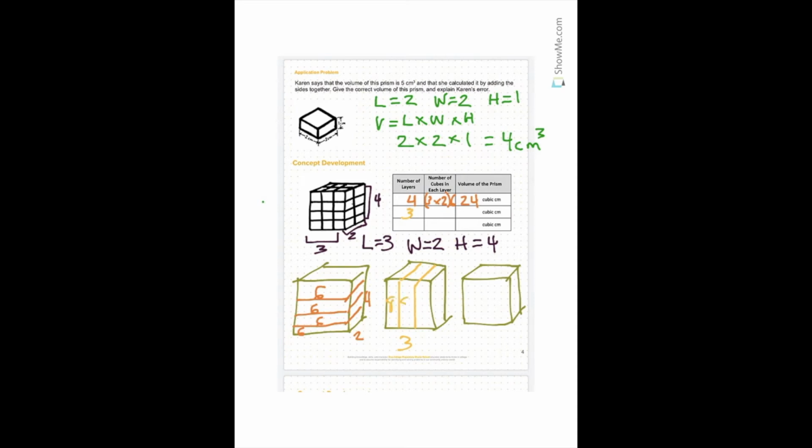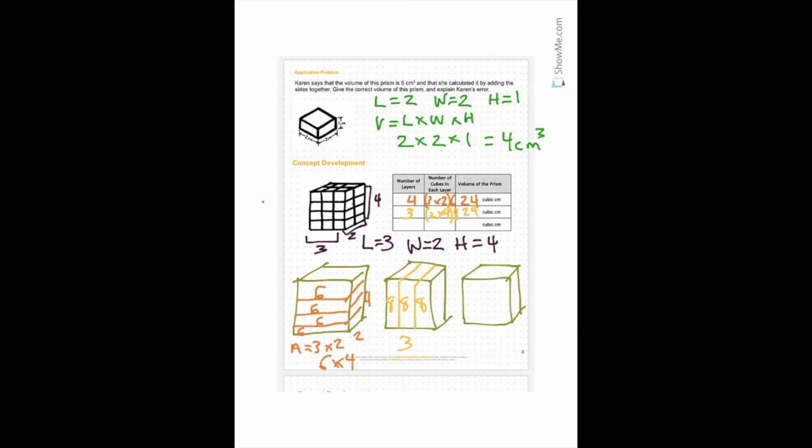Well, I can tell that there are going to be 8 in that layer. I found out that there were 8 because I said, well, I have 2 going back, and I have 4 going up. That told me 8, which is 24. And you know what? I should have been writing this below. You should also write this. We said our area was 3 times 2, which gave us 6. And we said times 4.